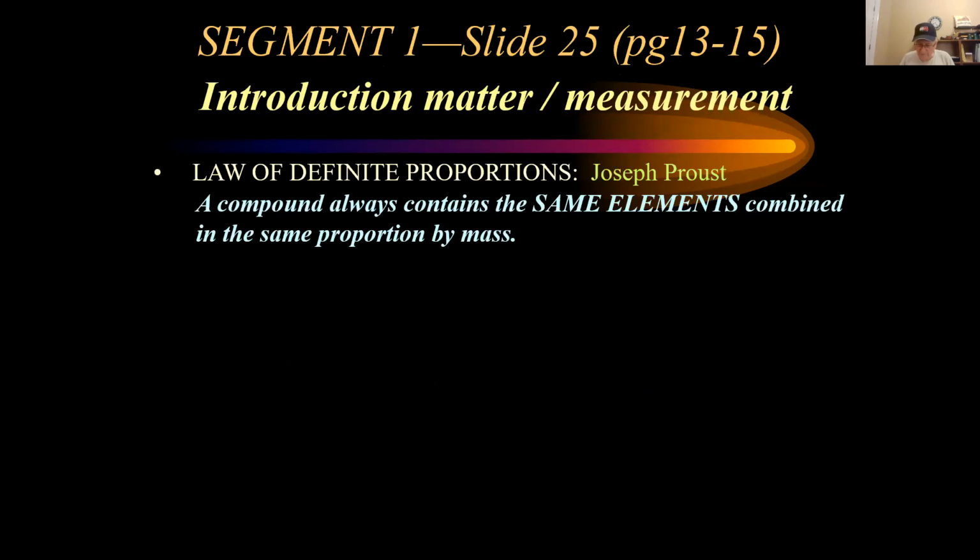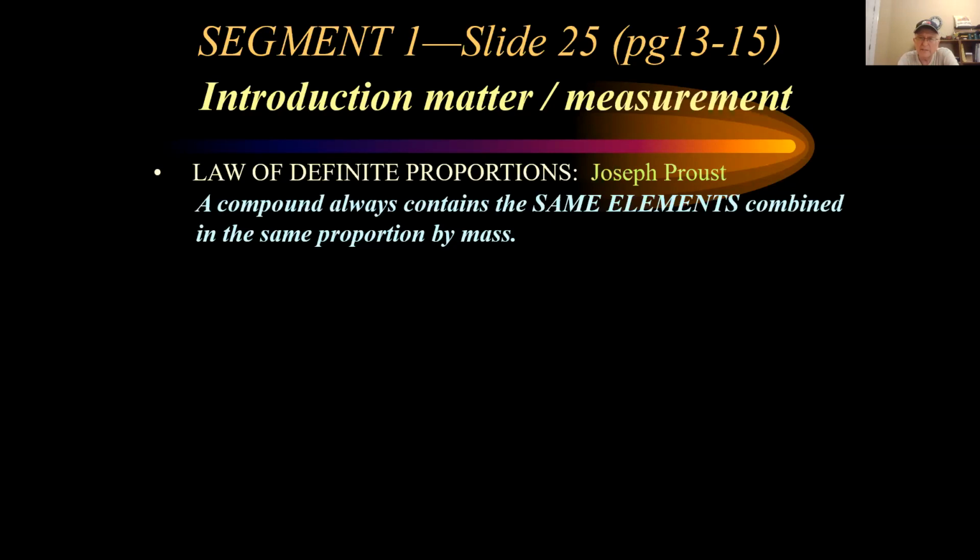Before him, John Dalton had reasoned that whenever chemical reactions take place, you just move atoms from pairing up with one element to pairing up with a different one. He postulated that matter was made up of particles.